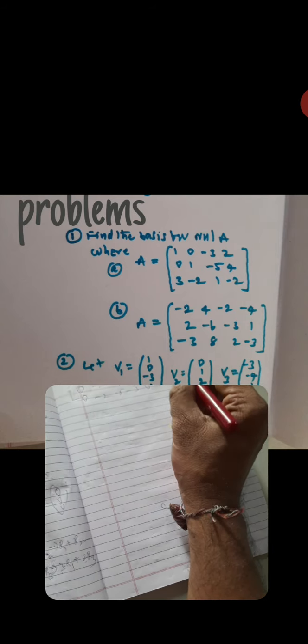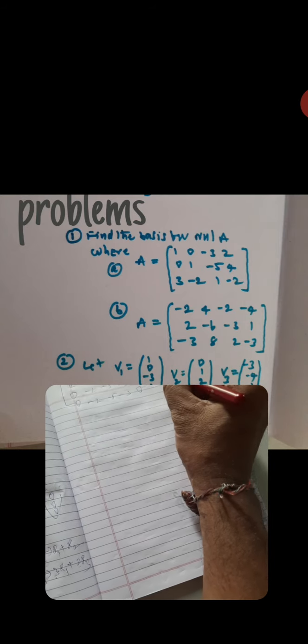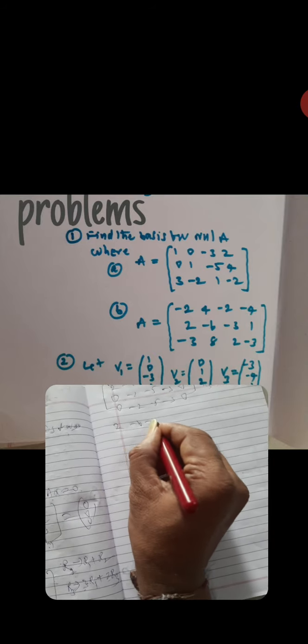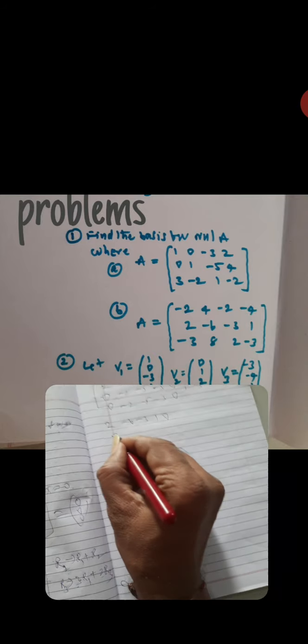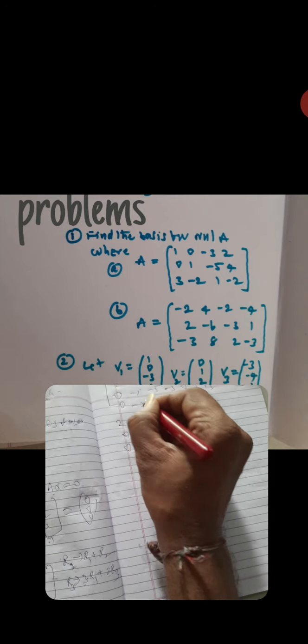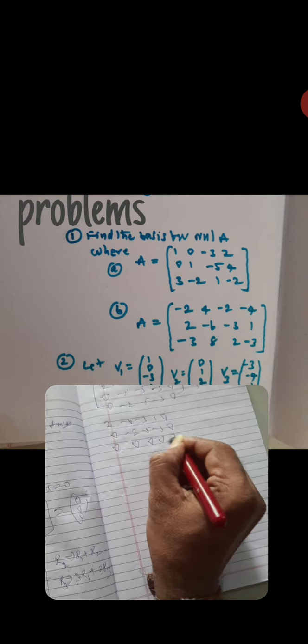Or last you write R3 row, R2 minus R3: 2, minus 6, minus 3, 1, 0, then 0, minus 2, minus 5, minus 3, 0, then 0, 0, minus 2 plus 2, 0, 0, 0.